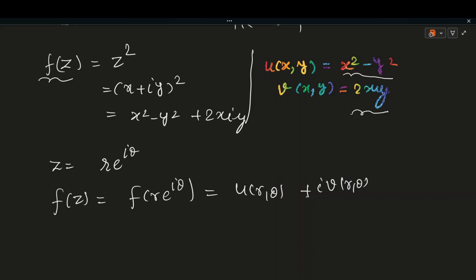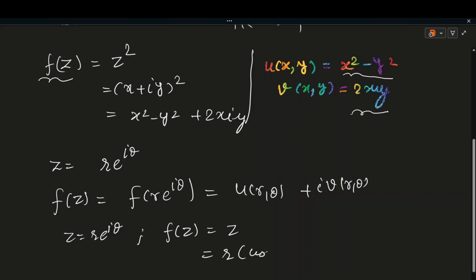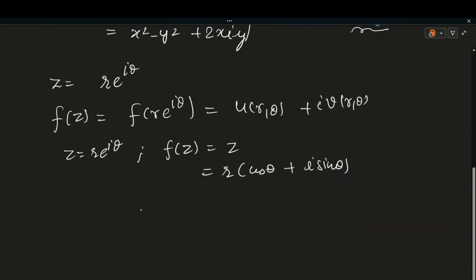From our basic knowledge, you can do this. If you want, take some problem: take z is equal to r e to the power i theta and put f(z) equal to z. It will become r (cos theta plus i sin theta). When you rearrange this term, it will become r cos theta plus i r sin theta.